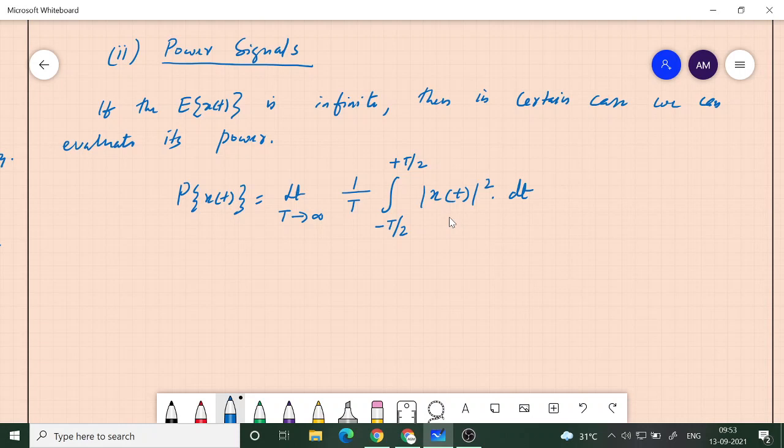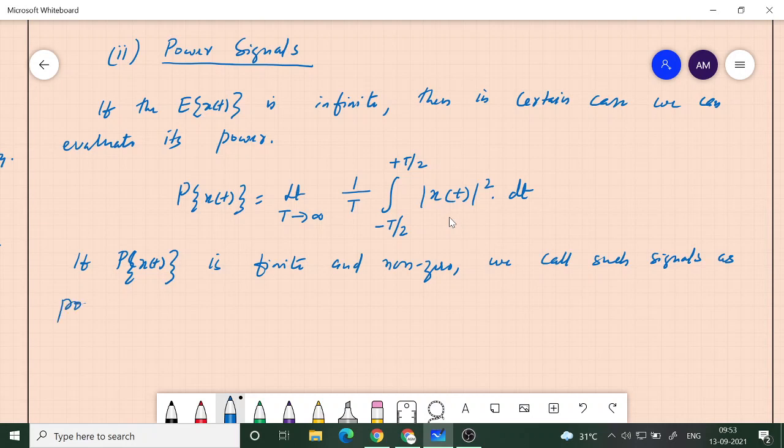So if this quantity is finite and non-zero, then we call it a power signal. If P of x of t is finite and non-zero, we call such signals power signals.